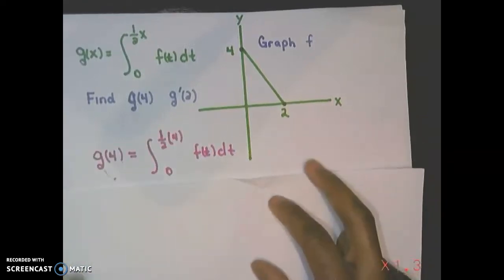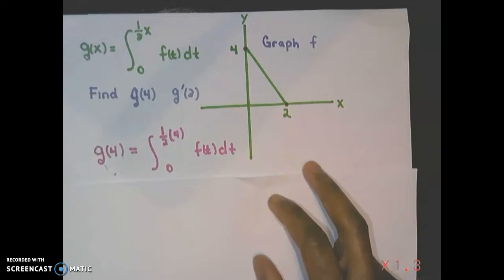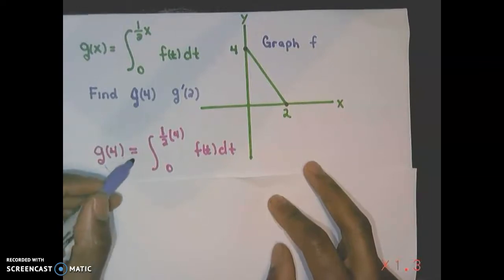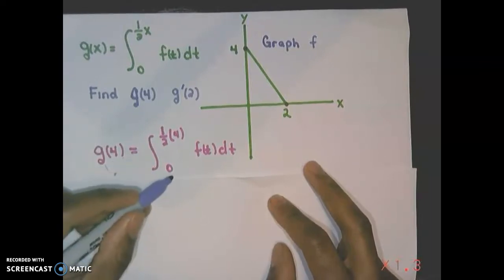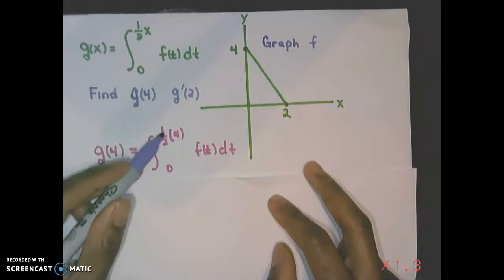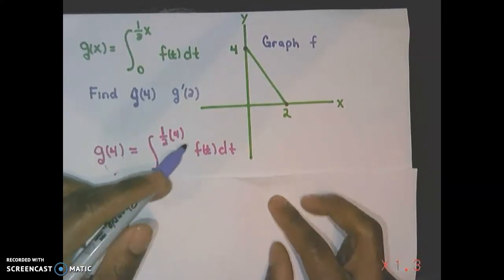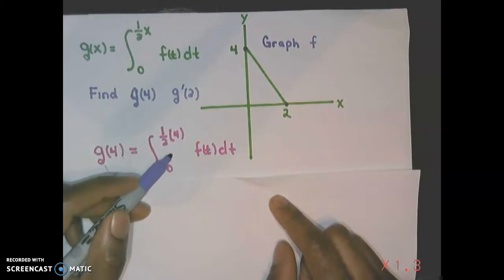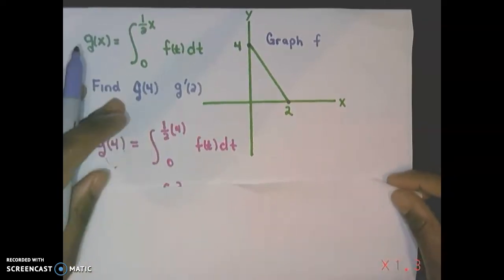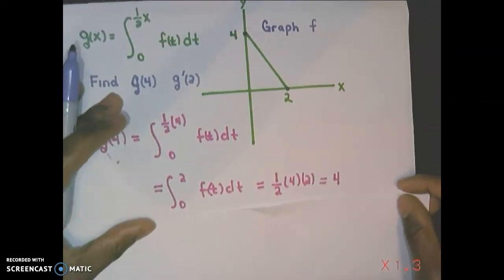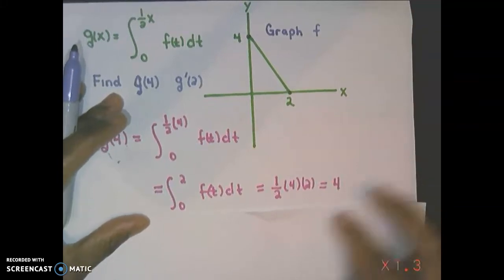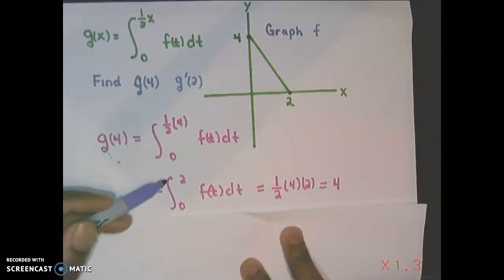Well, g of 4, we're just going to plug in 4 everywhere we see an x. So g of 4 is going to be equal to the integral from 0 to 1/2 times 4 of f of t dt. And in this particular case, we know half of 4 is 2. So we're really just trying to find the area under the curve from 0 to 2.